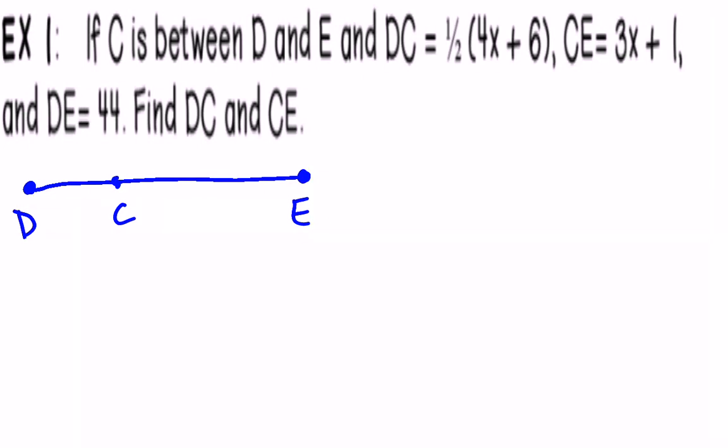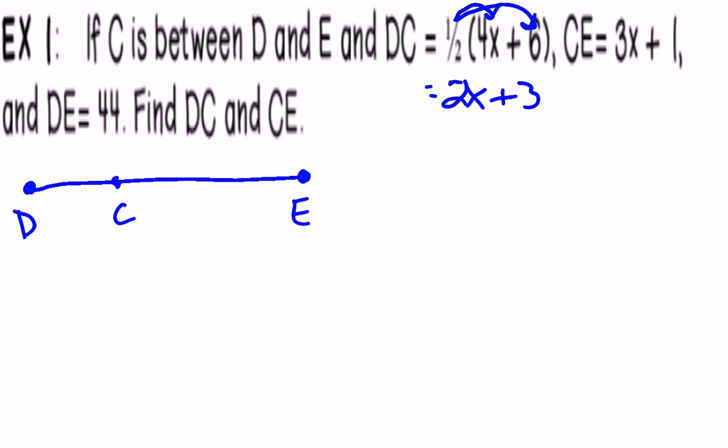So I don't like fractions, so I'm going to go ahead before I even label my fraction. So when you multiply or distribute by a half, you just want to think what's half of that number. So what is half of 4? That's going to be 2. So 2x. And half of 6 is 3.